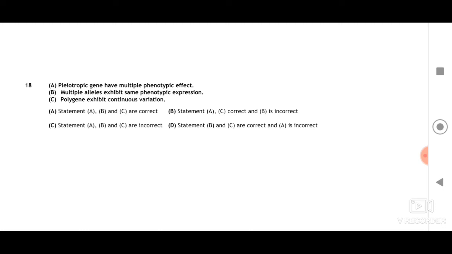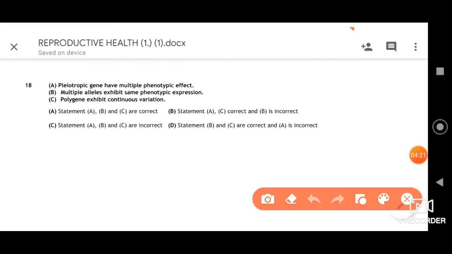See statement 1: pleiotropic gene have multiple phenotypic effect. Pleiotropy means a single gene producing many different types of characters. For example, we can consider the disease phenylketonuria. It is affecting only one gene, on chromosome 12, but it is affecting multiple organs, many phenotypic characters. So the given statement A is correct.